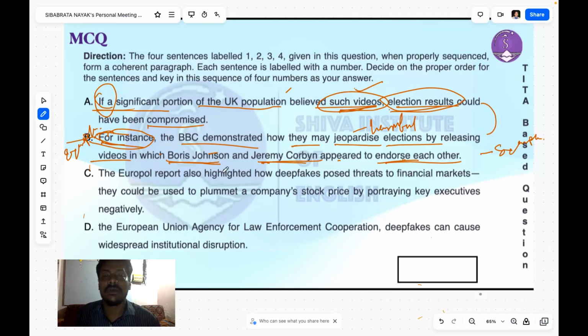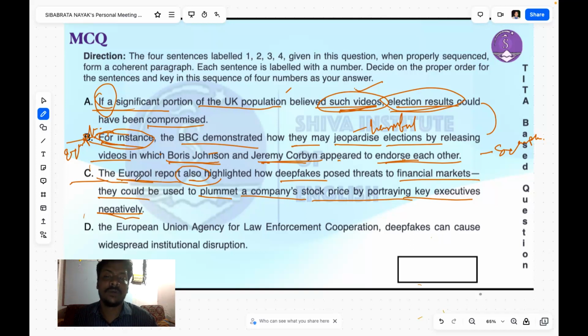Now look into option C, where it is stated the Europol report also highlighted how deepfakes pose threats to financial markets and they could be used to plummet a company's stock price by portraying key executives negatively. Now, this statement is about the Europol report.